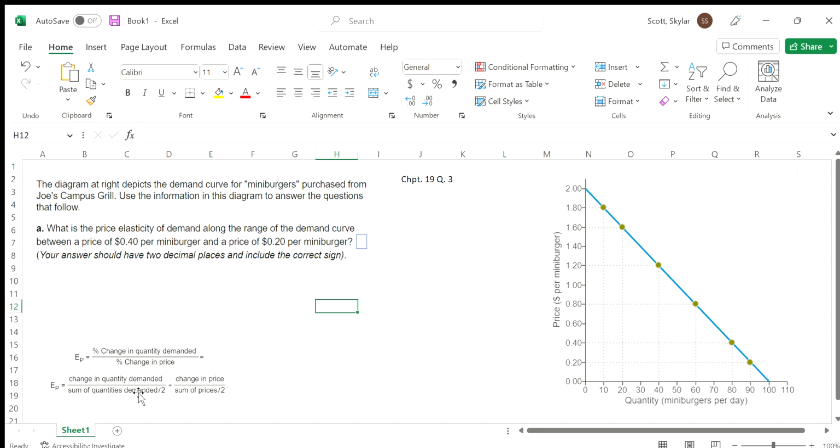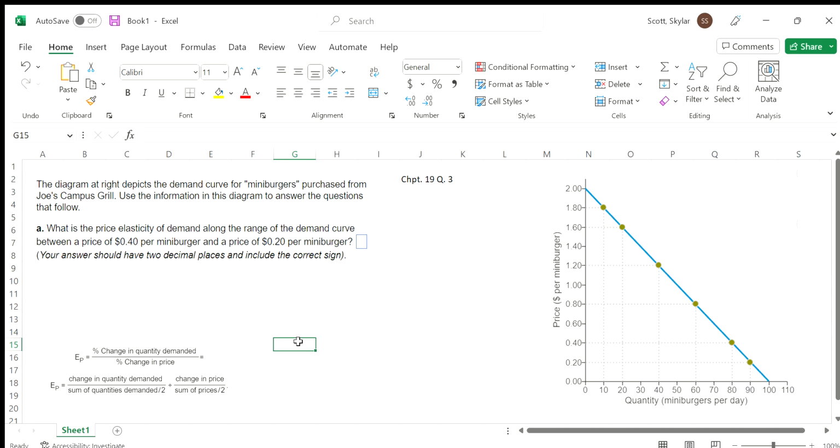It is equal to the change in quantity demanded divided by the sum of quantities demanded divided by 2, or the average between those two quantities, which then is divided by the change in price divided by the sum of the prices divided by 2, which again is going to give you the average. So let's go ahead and work through that equation and see if we can get it right.